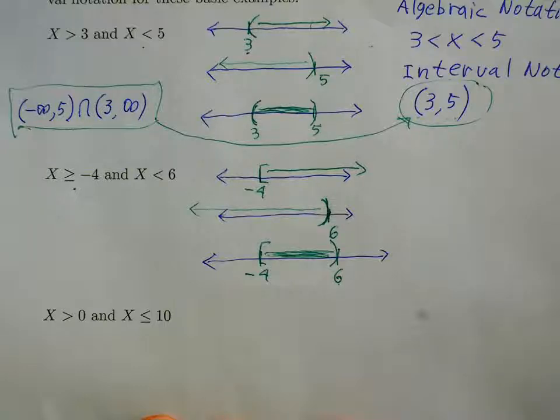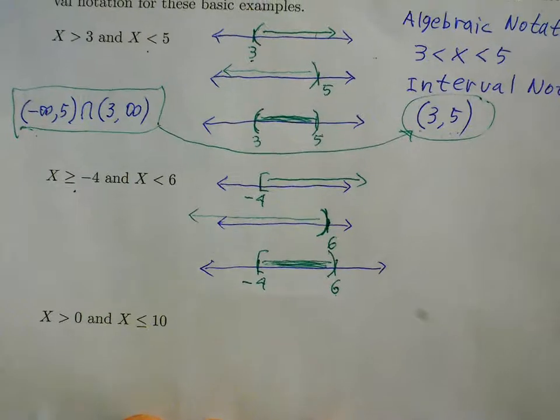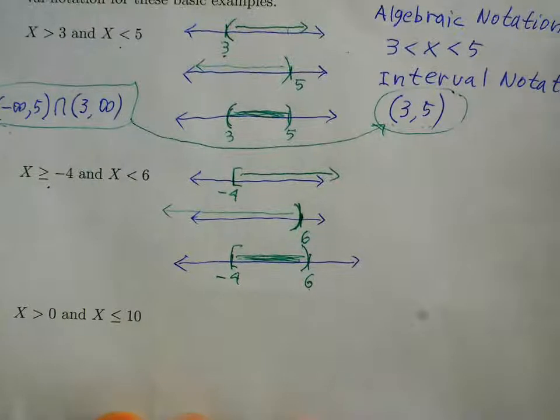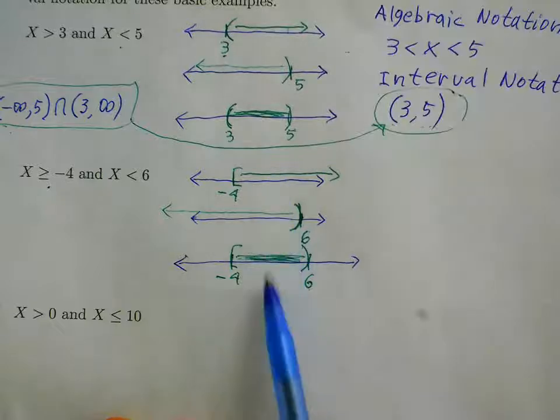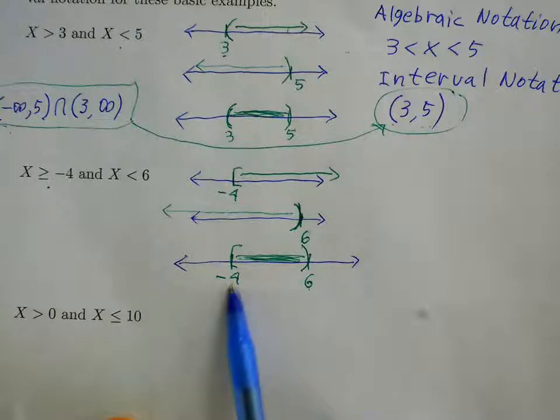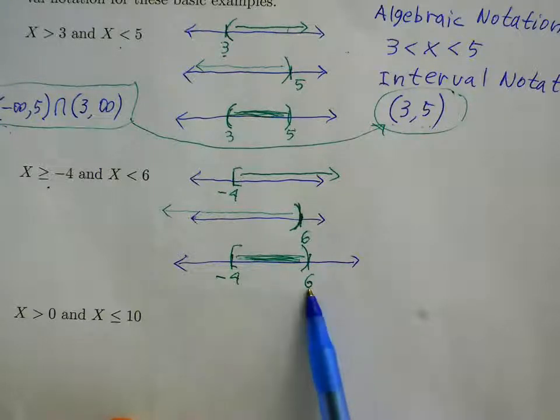Okay, we don't always have to go into as much detail as we've been doing. If you want to see more detail, you can ask for it. But this graphical method can help us write down both the algebraic notation and the interval notation. So the overlap is from negative 4 to 6, including negative 4, but excluding 6.